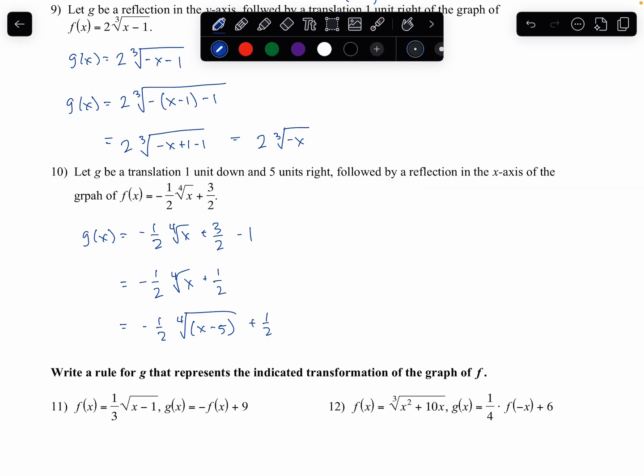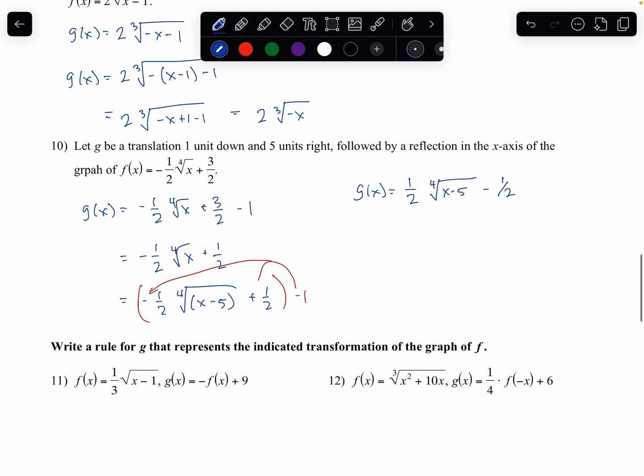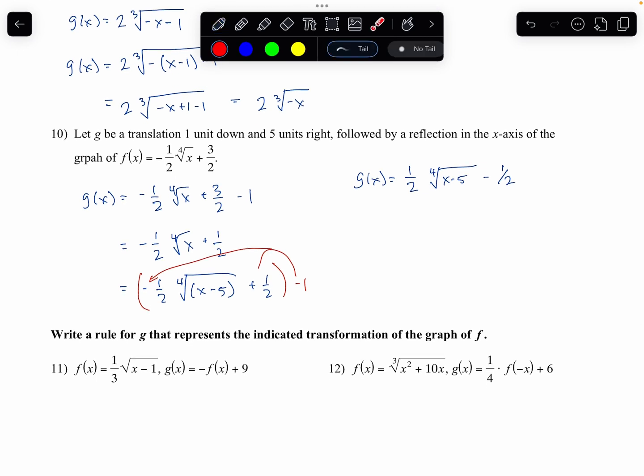So that means I'm going to have to multiply this by negative 1, which means that this is going to distribute to here and to here. So my final expression is going to be 1/2 fourth root of x minus 5 minus 1/2. And there we go.